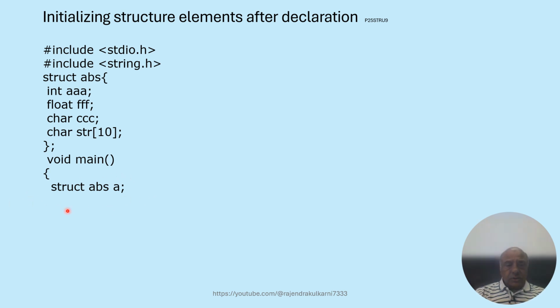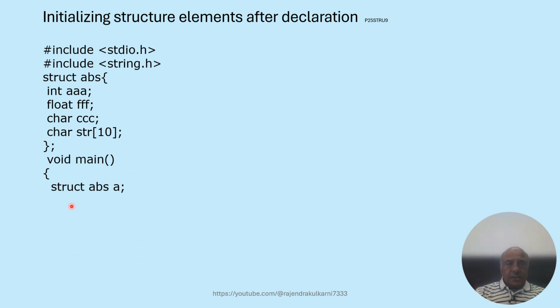We have not initialized it here as we have seen in the previous programs. We have just declared it. Now we want to initialize that structure variable A with the values of all these 4 different data type variables which are the elements of the structure ABS.